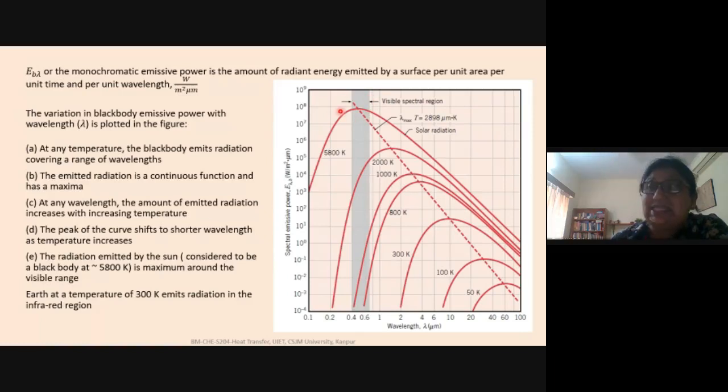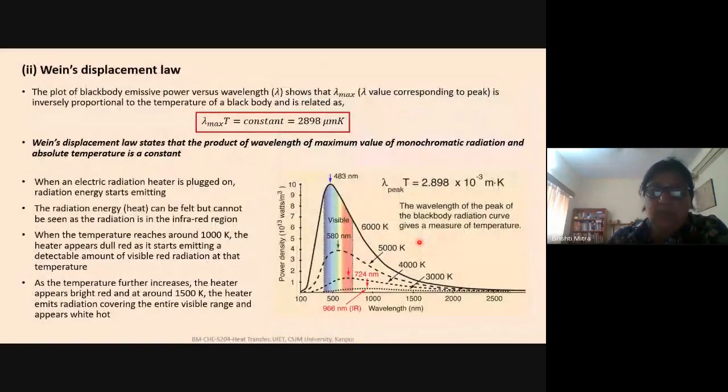And that is why we can see things, because of the sun's radiation. Earth at the temperature of 300 Kelvin emits radiation in the infrared region. So this goes into the infrared region when the Earth starts giving out radiation, because the temperature is much lower for the Earth. How much is the temperature of the Earth? Around 300 Kelvin that we are talking about.